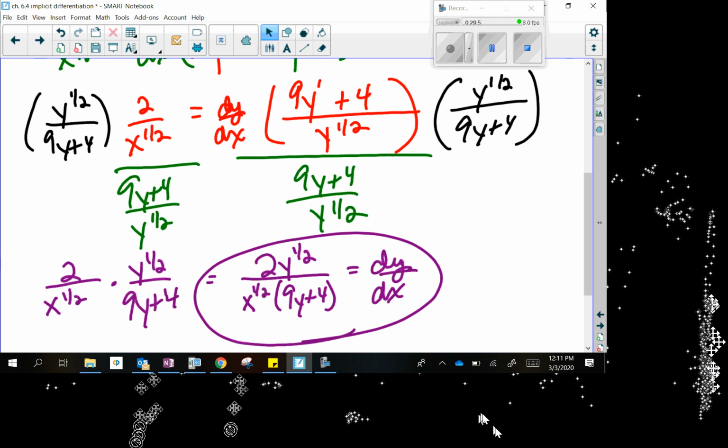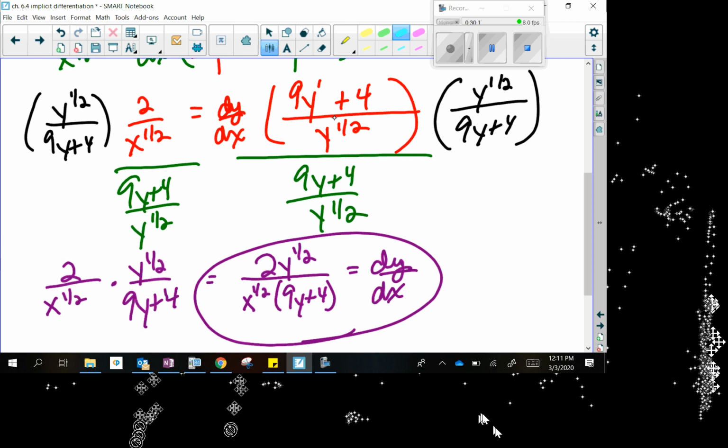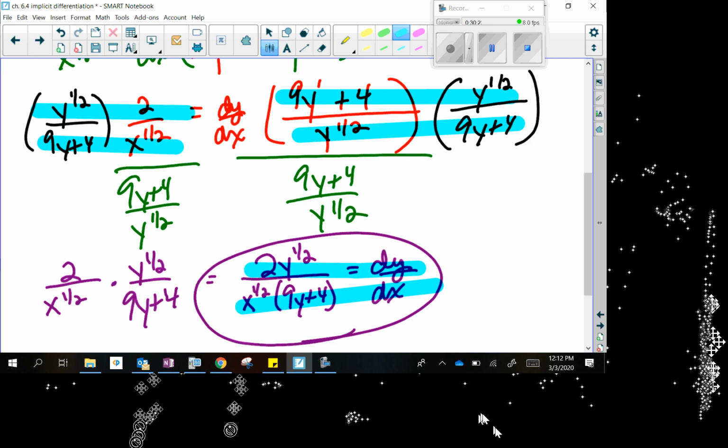Don't think I'm doing this all twice. This is just one more straightforward way to think about it. If I just multiply by the reciprocal, I end up with the same answer. Okay? That's one way to do it. Questions about that?